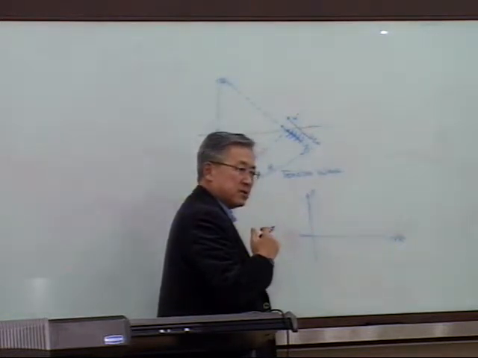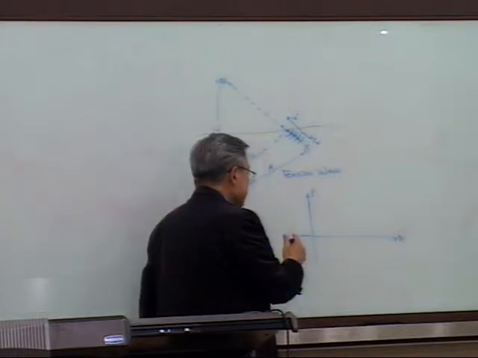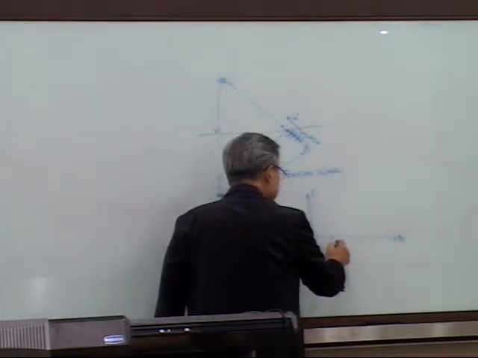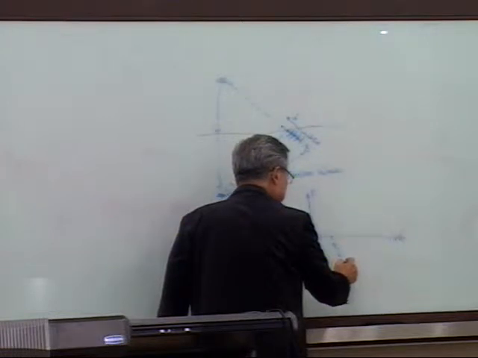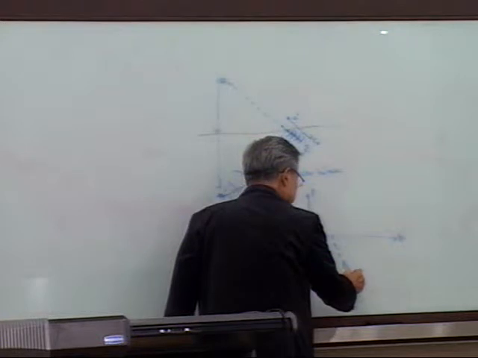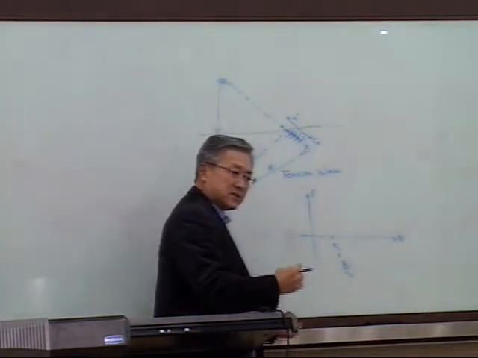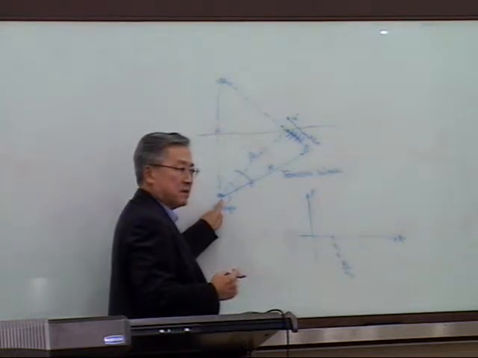Then how long does it take to get to the target? How long? I call it T1. T1 is equal to R over C naught, the time. It takes a time, bang! And the reference time here is 0.